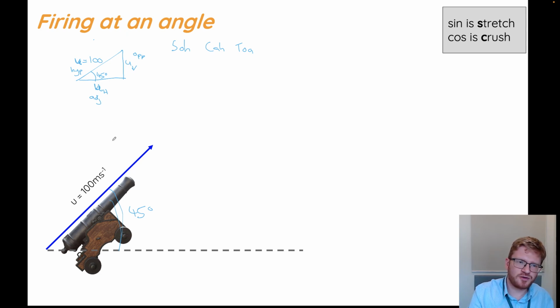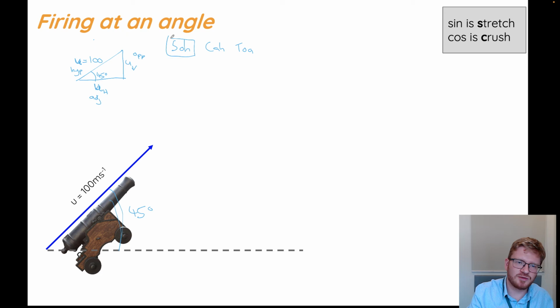So if I want to find, remember we always say in all these problems, you find the time taken first. And to find the time taken to hit the ground, we always use the vertical. So I want to say, how long does it take to go up and then come back down and smack on the ground? So I want to know, what is the velocity of this cannonball going straight up? I'm going to need the opposite and the hypotenuse.